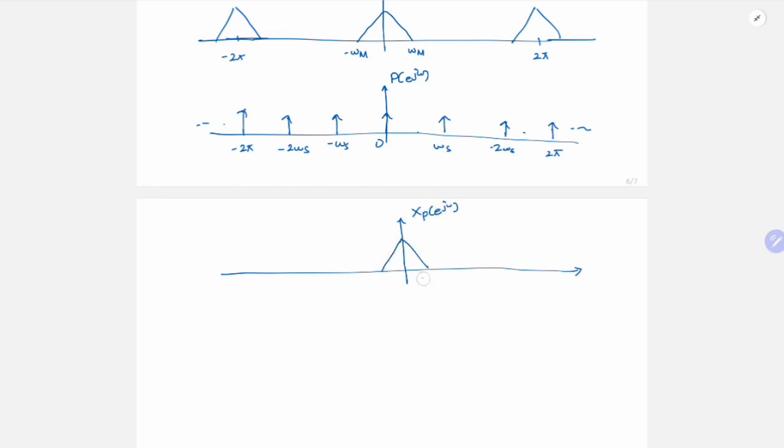So I'll have omega n to minus omega n, and around omega s I'll have the same thing. Around 2 omega s I'll have the same thing, and around 2 pi I'll have the same thing. But here the amplitude is scaled by 1 by N. That is what we need to keep in mind. So around minus omega s is also similar.